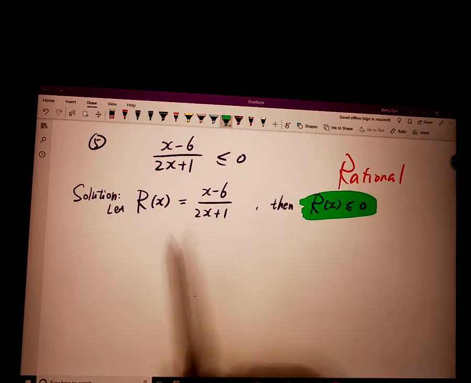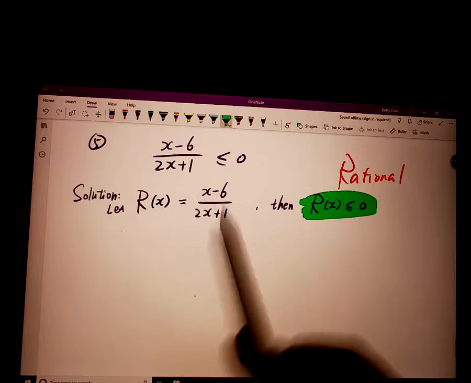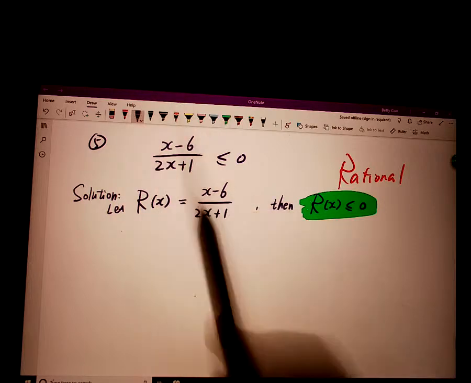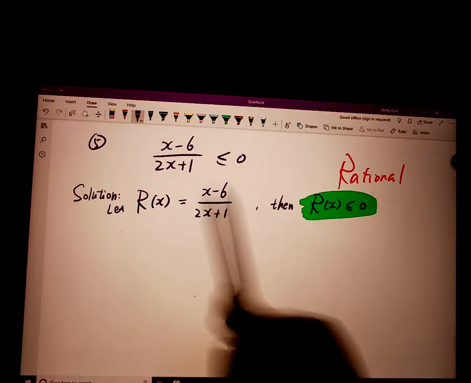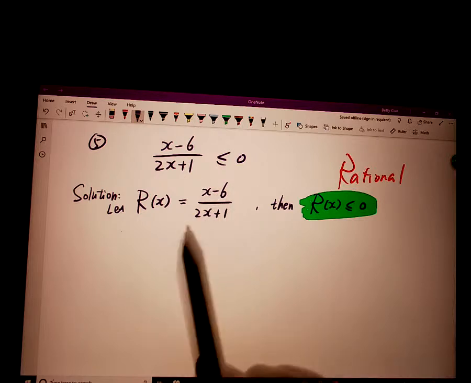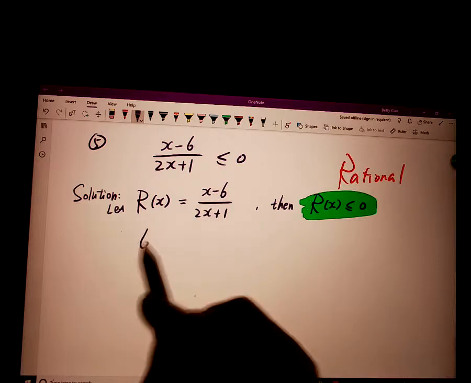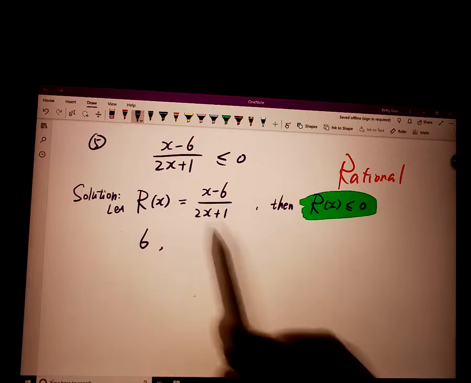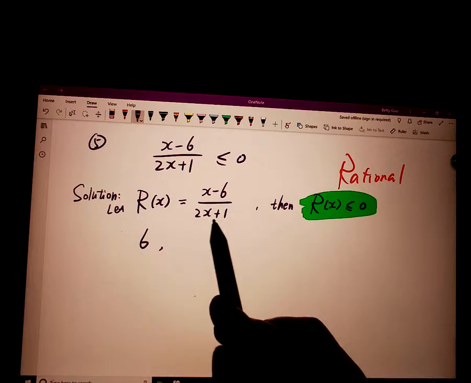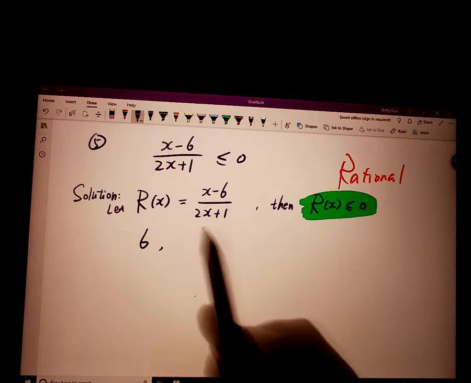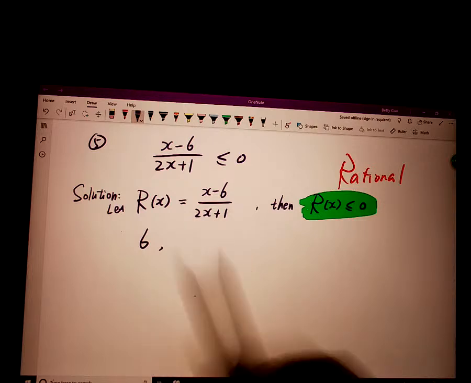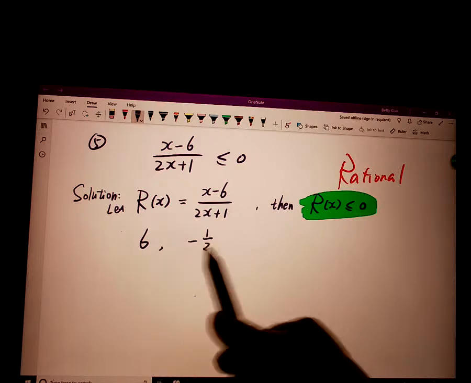And R of x is a rational function. The numerator, x minus 6, has one zero, which is 6. The denominator, 2x plus 1, has one zero also. The zero is negative half.